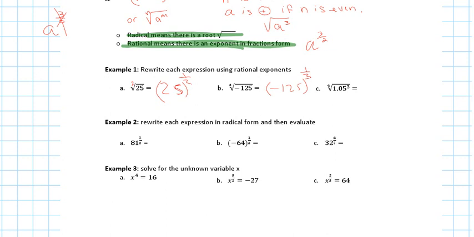So for the last one, would it be bracket 1.05 and then 4 over 3, or 3 over 4? What would it be? 3 over 4 or 4 over 3?